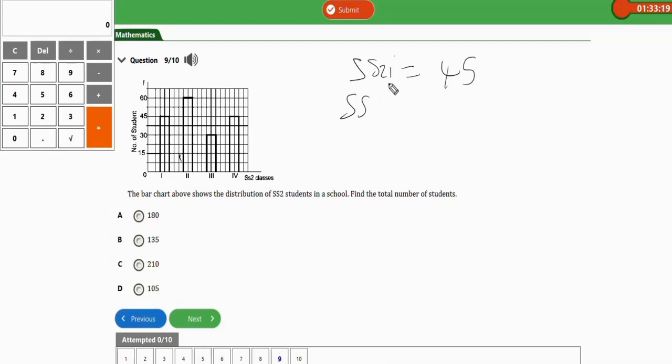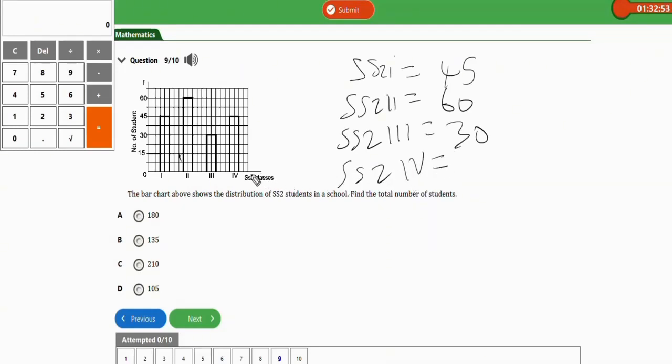Those in SS2II, we have the number to be 60. Those in SS2III, we have the Roman figure III, figure 3, we have the value to be 30. Those in SS2IV, we have it to be 45 as well.